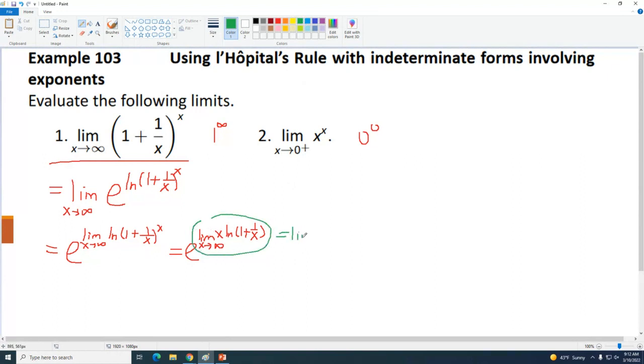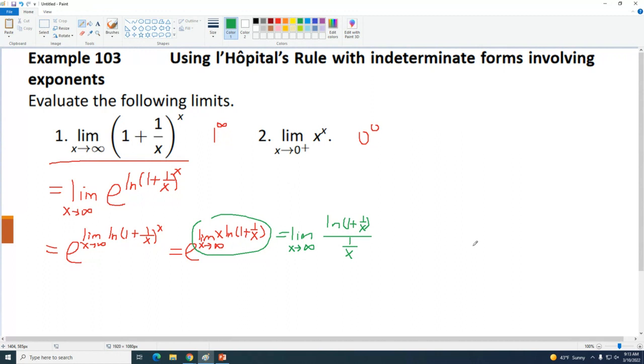So this is equal to the limit of ln of (1 plus 1 over x) over 1 over x. That's how we can convert this to a division.